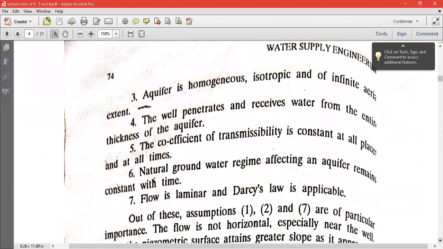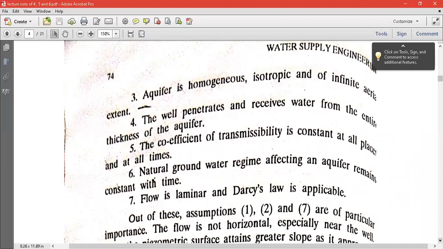Now, in our consideration, we have considered the aquifer to be homogeneous, isotropic, and of infinite areal extent. The well penetrates and receives water from the entire thickness of the aquifer.